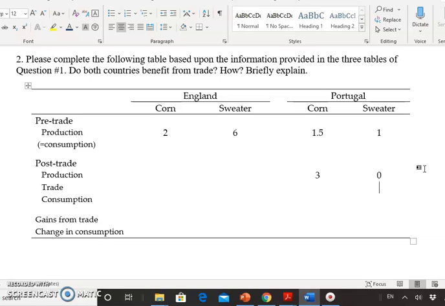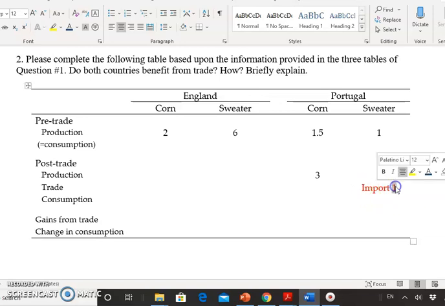Now here, let's assume that they import one sweater from England, because the Portuguese do not produce sweaters. Why do we say import one? Because it has to get it from England, so that's an import to Portugal.